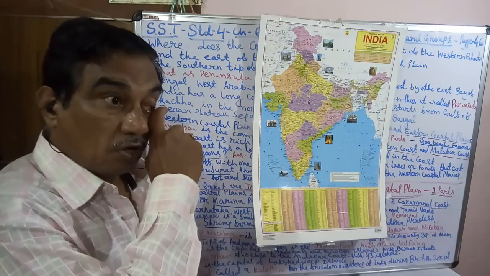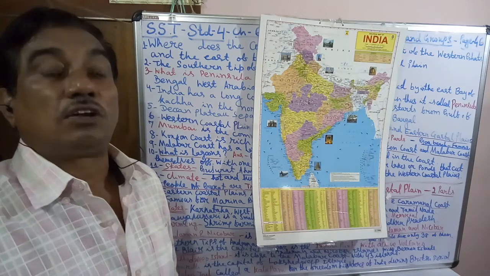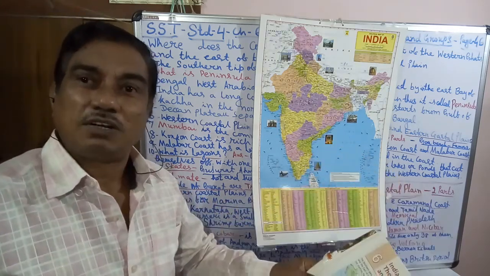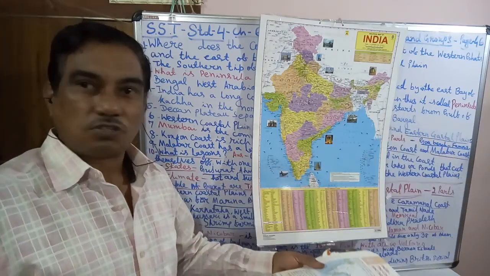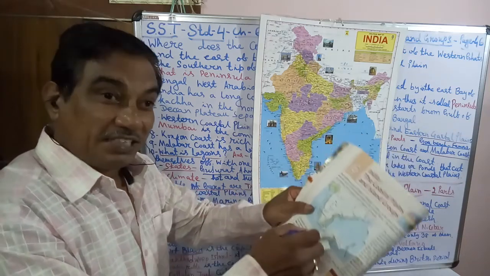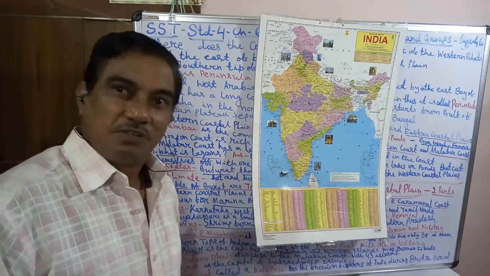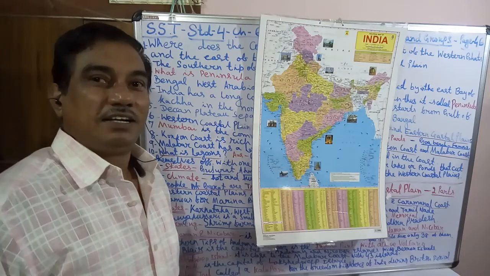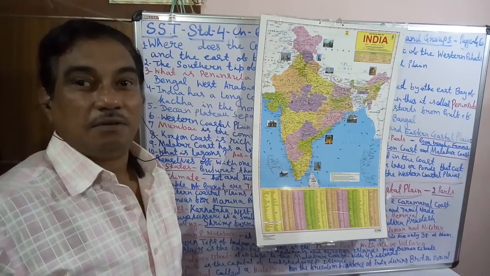Lagoons are small and shallow saltwater lakes. The sea is salt water, the river is sweet water, not salt water. When the river and the sea touch at one point, that is called a lagoon. Chilika Lake is a lagoon. The largest lagoon is in Orissa, called Chilika Lake, where there is a bird sanctuary.